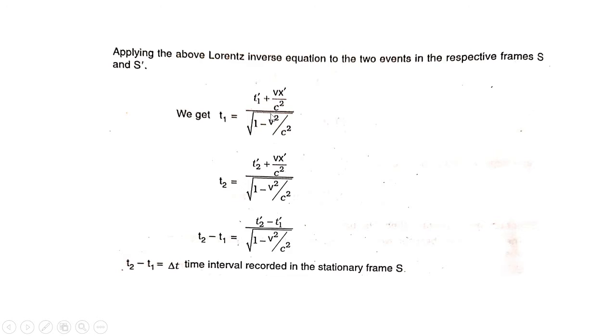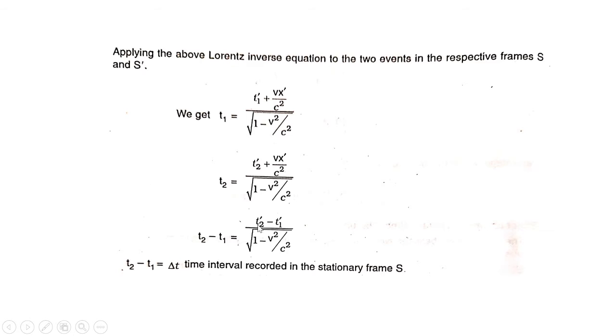Applying the above inverse Lorentz equation to the two events in the respective frames S and S dash, we get t1 equal to t1 dash plus vx dash divided by c square, divided by root of 1 minus v square divided by c square, one equation. The next equation is t2 equal to t2 dash plus vx dash divided by c square, divided by root of 1 minus v square divided by c square.